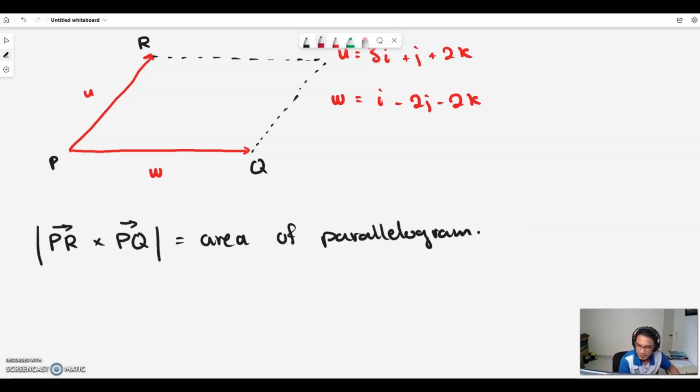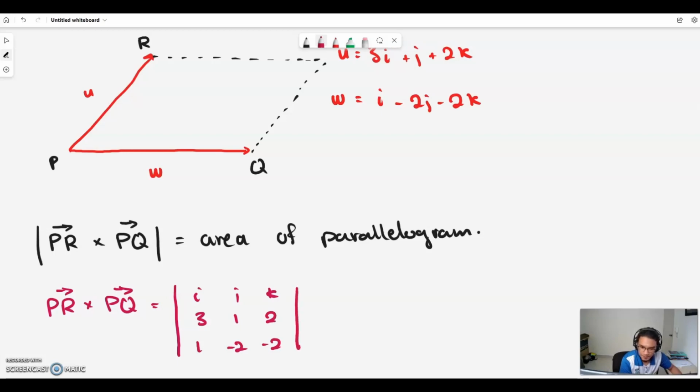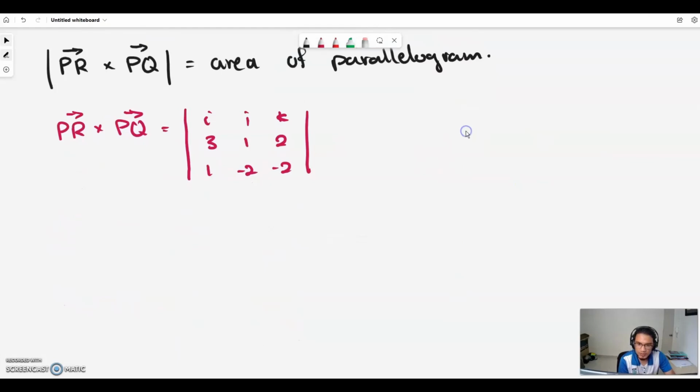That will be PR cross PQ equal to the matrix i, j, k, and PR is 3, 1, 2, and PQ is 1, negative 2, negative 2. So we do the method of determinant right here, and we will have i, negative 1 to the power 1 plus 1, times the minor 1, 2, negative 2, negative 2.